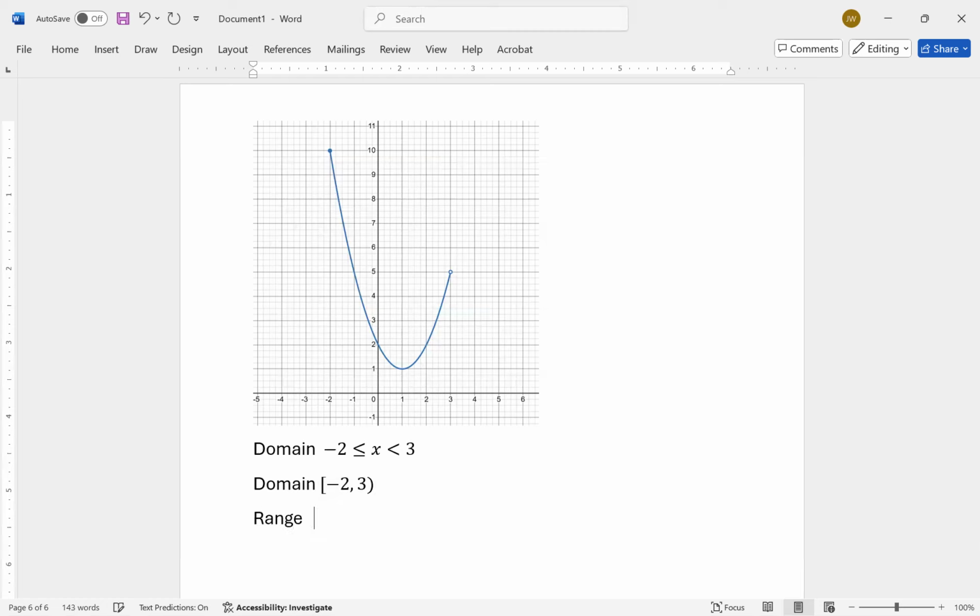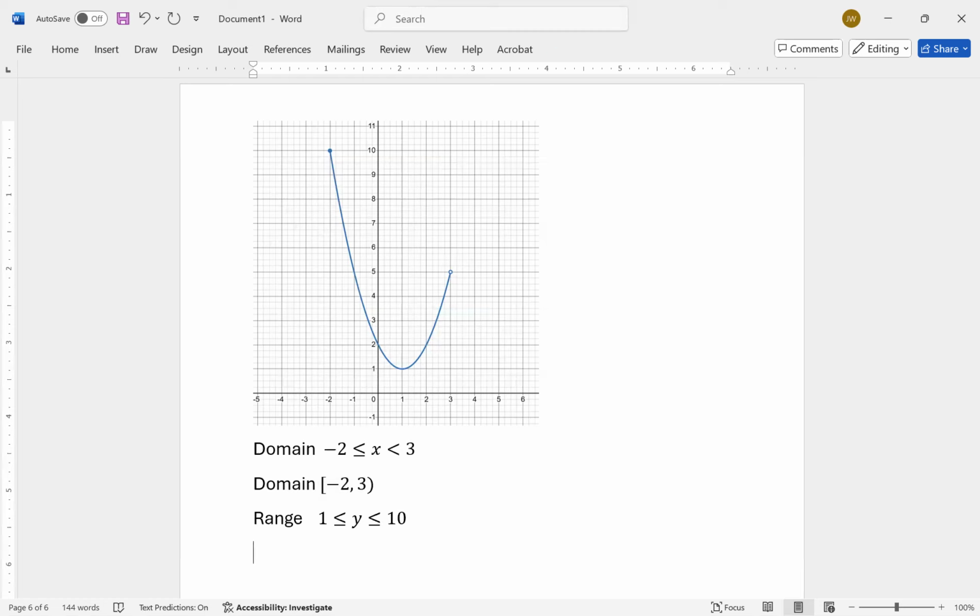The range, again, if I'm doing this in algebraic notation, I'd say that the y values go from 1 and up to hitting 10.